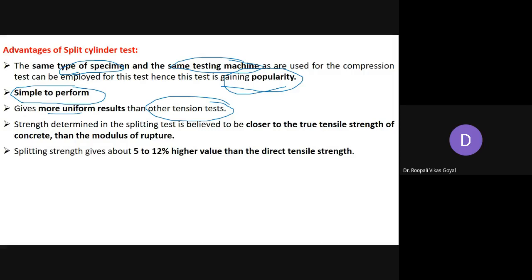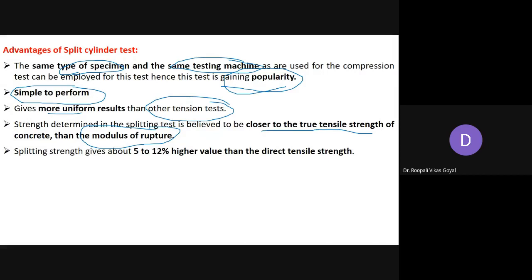And the strength determined in the splitting test is believed to be closer to the true tensile strength of concrete than the modulus of rupture, because I have told you that modulus of rupture is also an indirect tension test. The tensile strength found with this split cylinder test is closer to the true tensile strength of the concrete.